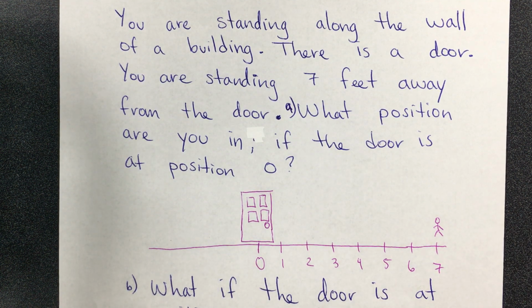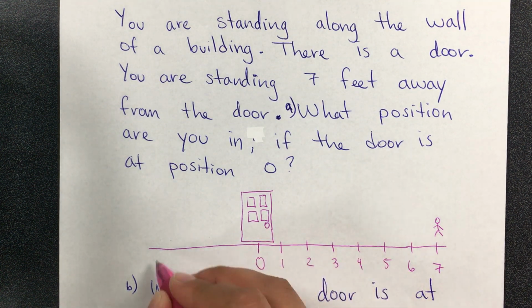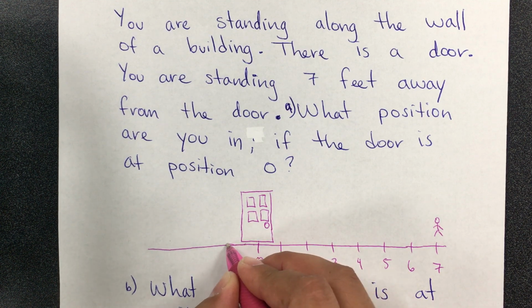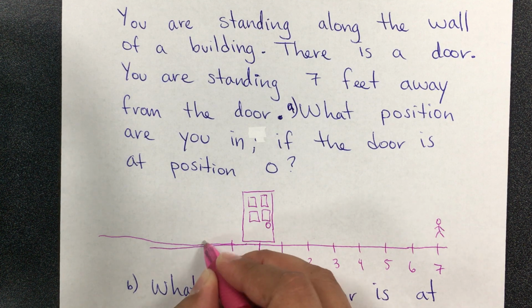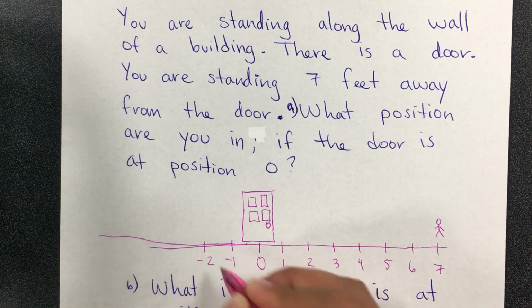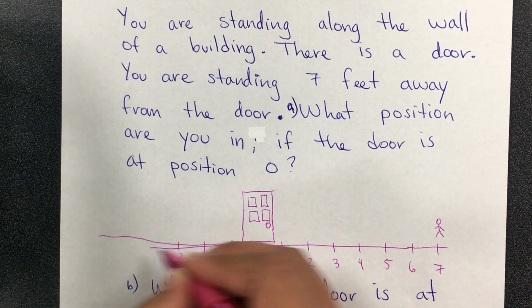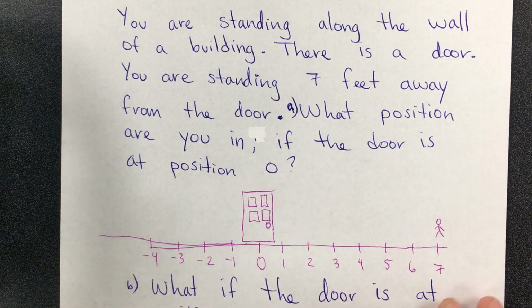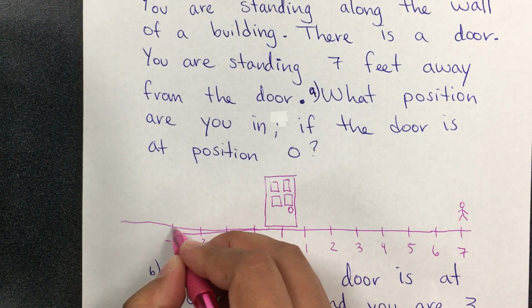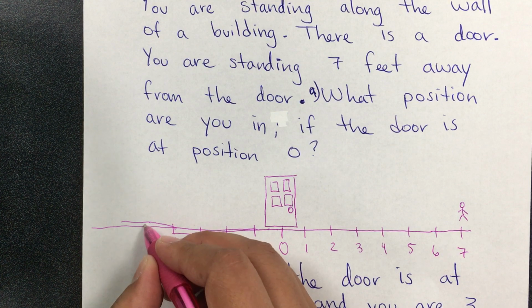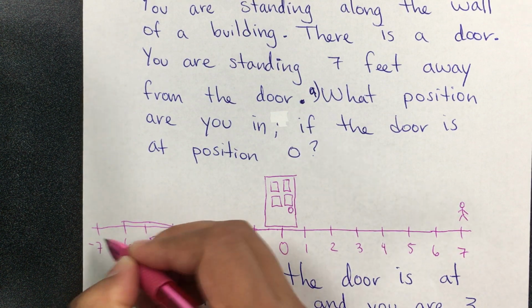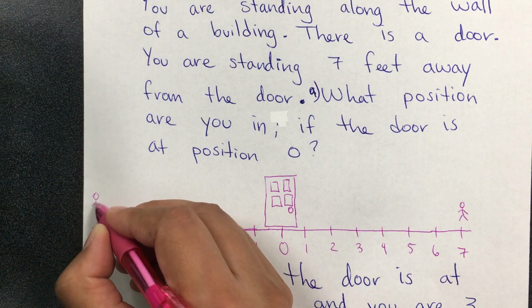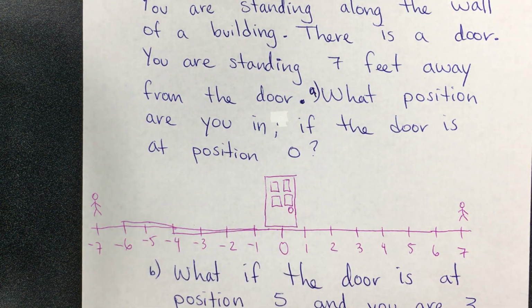Now, what if you're going in the other direction, against the wall, but in the other direction? Then that means that you would be at -7. So -1, -2, -3, -4, a very straight line, -5, -6, -7. Then you could be right here.